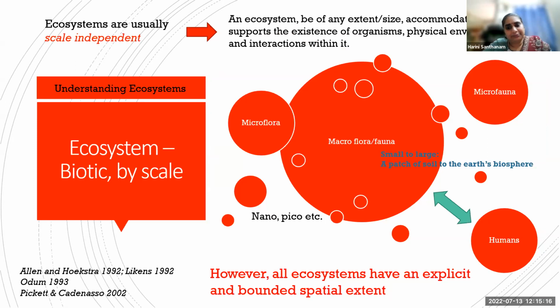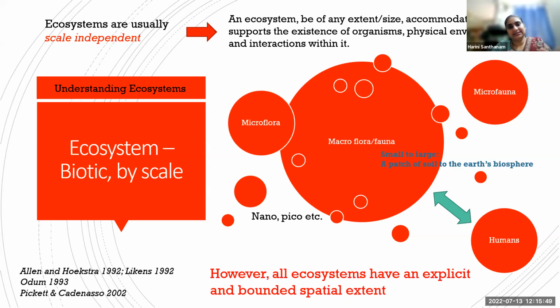Now, if we look at the concept of ecosystem from a scale perspective, we have to understand that ecosystems are usually scale independent. It's actually very interesting to say this, because we think that ecosystems must be scale dependent. But they are scale independent because they can be large or small, and still function as a self-regulating unit by themselves.